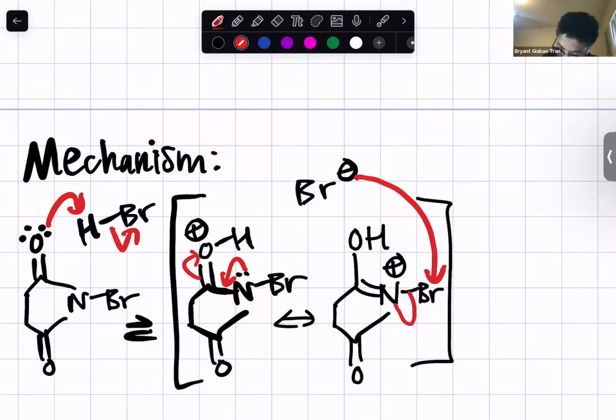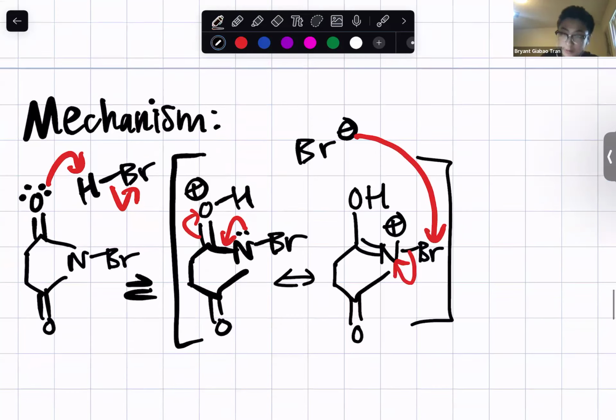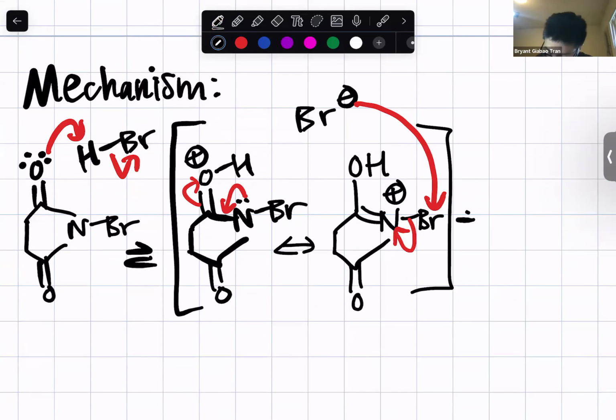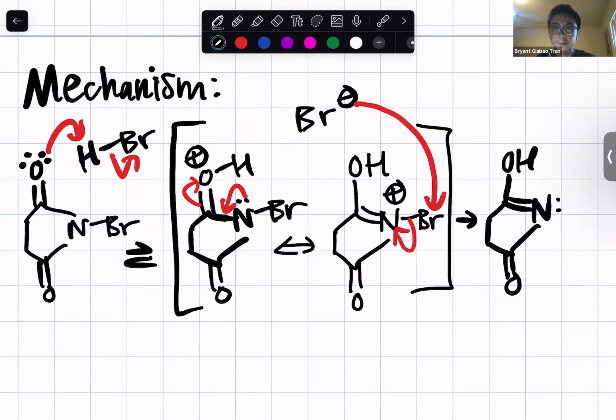Then that bond between nitrogen and bromine is going to go onto that nitrogen and give us this intermediate here. A neutral nitrogen with a lone pair now. And when this Br attacked that Br, we created Br2, which looks like that, right?